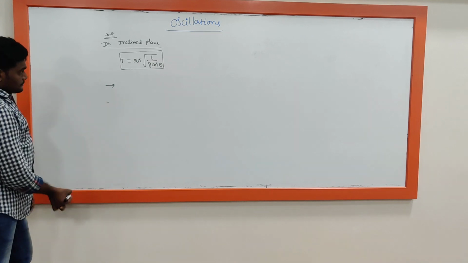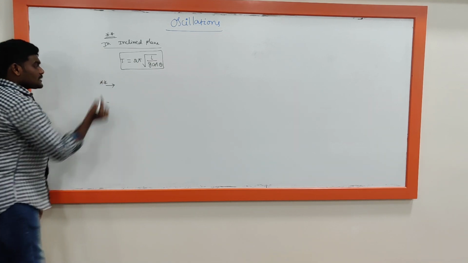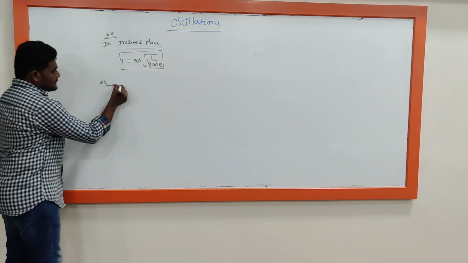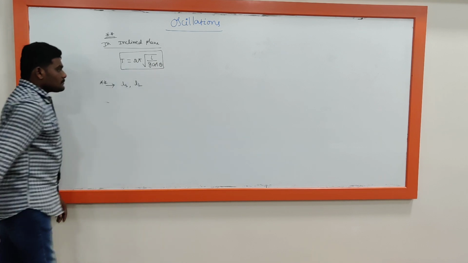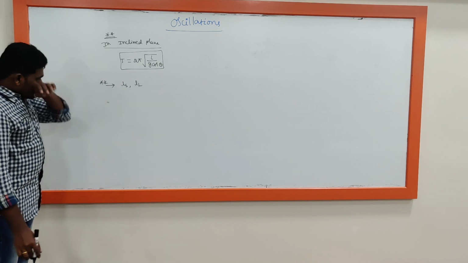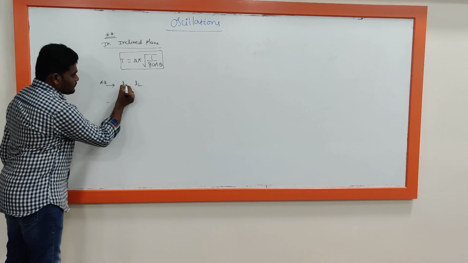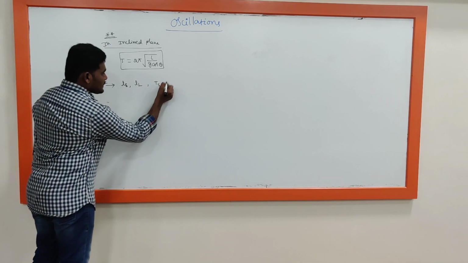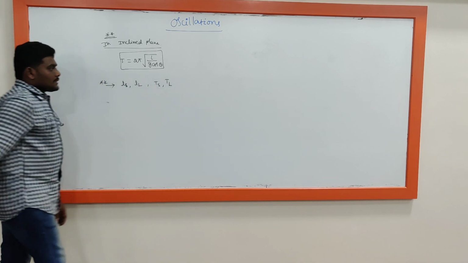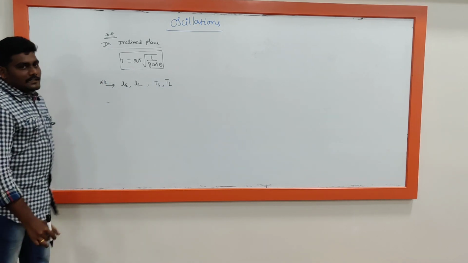The next one, if you take the two pendulums, length of a shorter pendulum and length of a longer pendulum, both are having time period Ts and Tl, then which pendulum will make more oscillations?